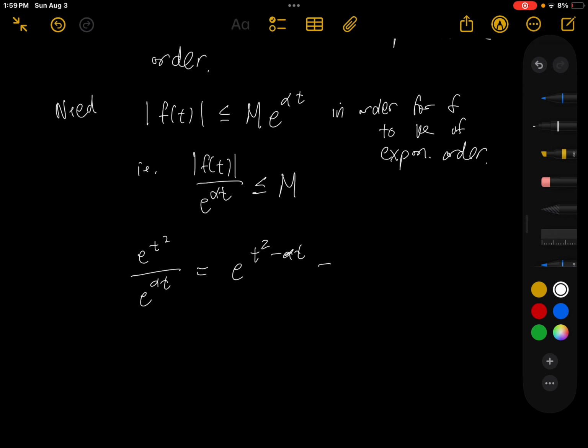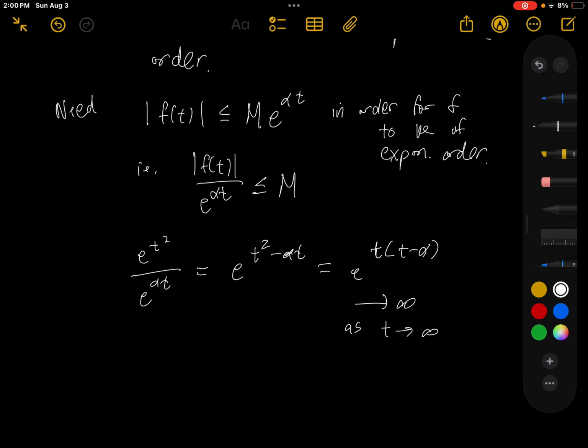And that's going to be e to the t times (t minus alpha). Now this is going to go off to infinity as t goes to infinity. So there's no way that this ratio is ever going to be bounded by some constant.